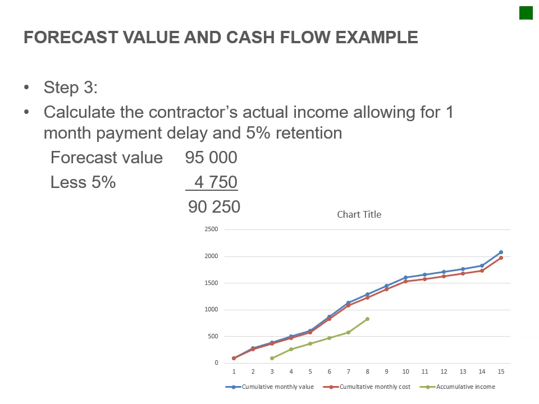Step 3, then calculate the contractor's actual income, allowing for 1 month payment delay and 5% retention. So forecast value: after month 1, the cumulative value was 95,000 rand, and then we take off 5% on that. So this is our actual amount that we could claim.